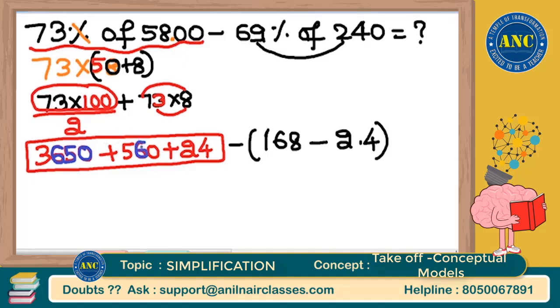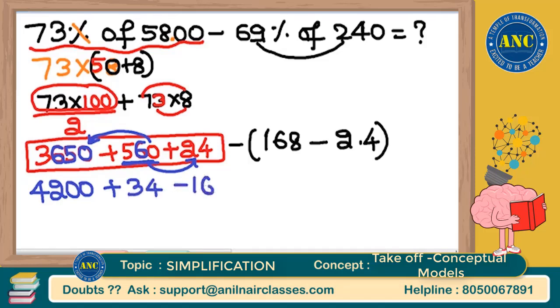From this 560, I will give 550 to this person, so that he becomes 4200, and he is left with another 10. Push it to this person. This becomes 34. I believe that you are able to understand.